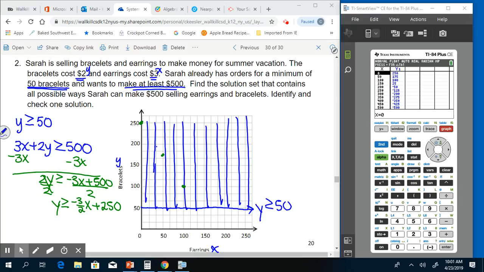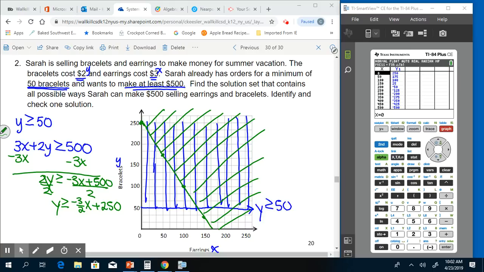And then 150 and 25. And that's going to be a dotted line. Nope, a solid line as well, because it is equal. And we want to shade again above because it's greater than or equal to. So all these points above the green and above the blue are part of our solution set.